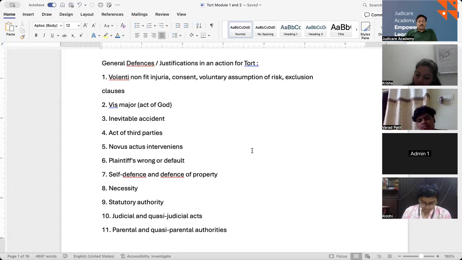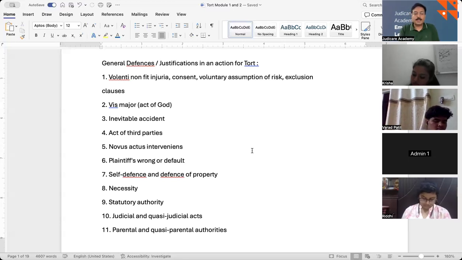The act is authorized by a law. The individual may not be held liable for the tortious act resulting from the execution of that authority. If the person is authorized for that particular activity under statute, the person cannot be held liable for that.